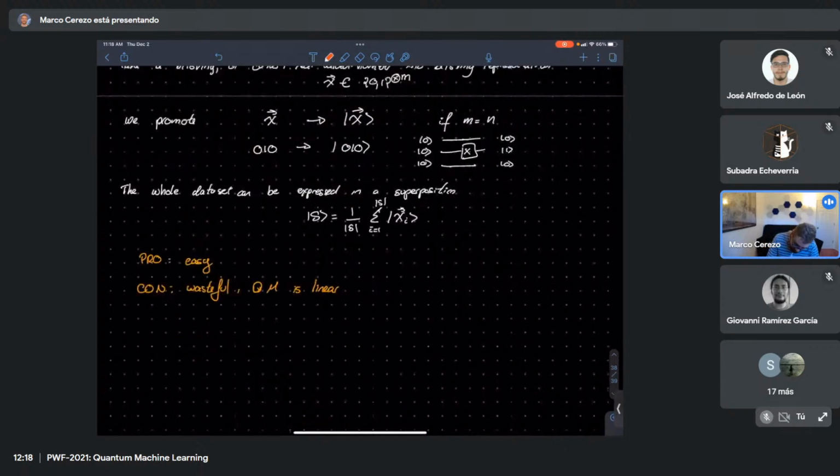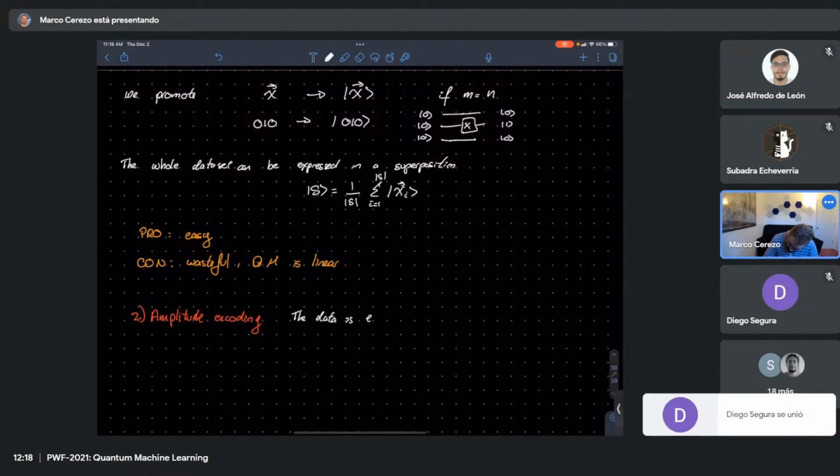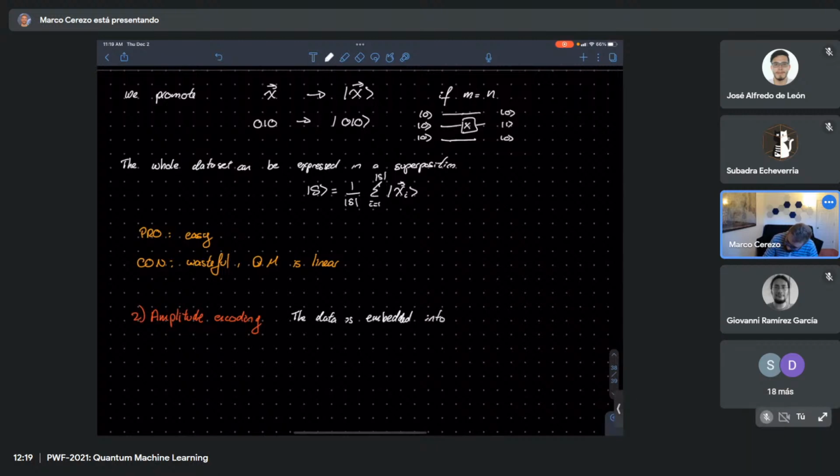Then we also have something perhaps a little bit more used, which is called amplitude encoding. So here, the data is embedded into the amplitudes of a quantum state.